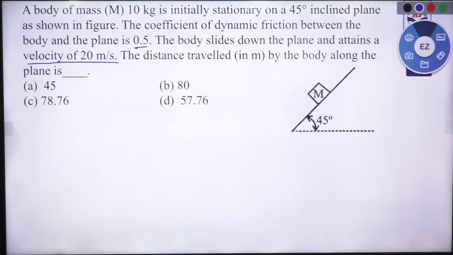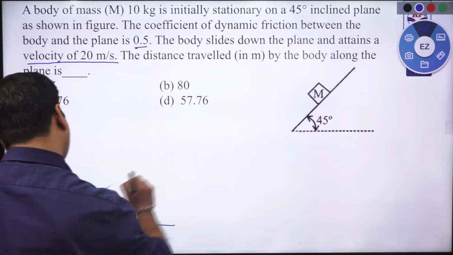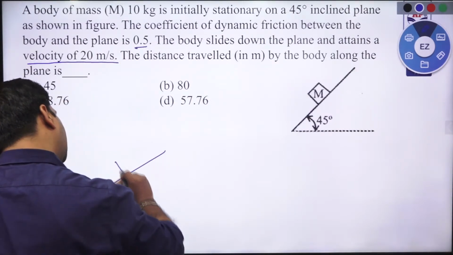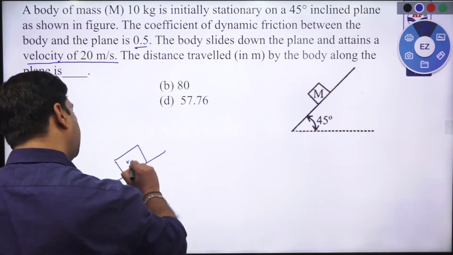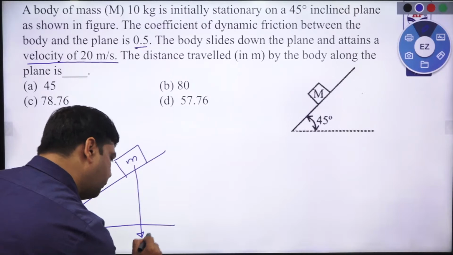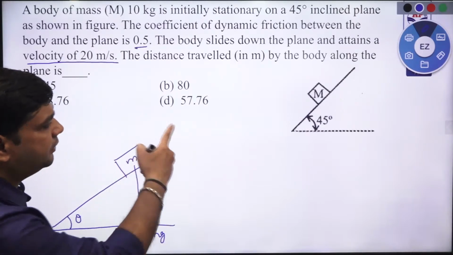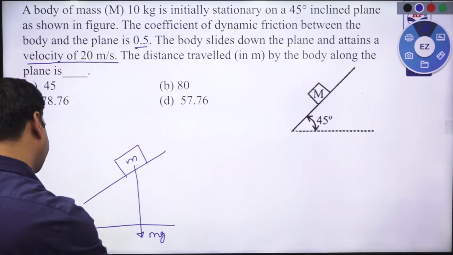Okay, the distance traveled by the body along the plane is, so first of all just draw the same thing. Whenever these types of questions come, always draw the free body diagram first of all. So the first thing is the weight of the body, vertically downward, and this theta is given as 45 degrees.